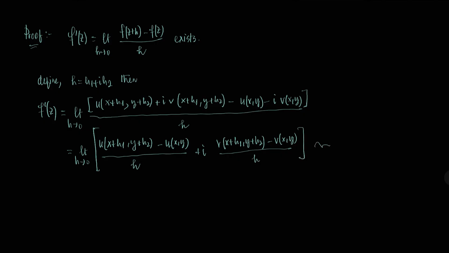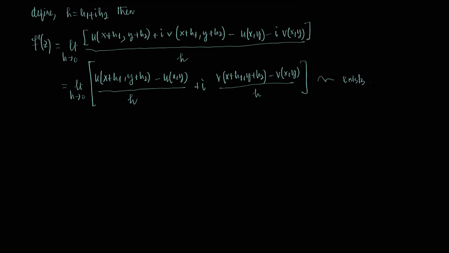So this exists, that is the point. Clear? If this exists, then I can approach h from any particular direction and this particular thing should exist. That is the idea. Clear?